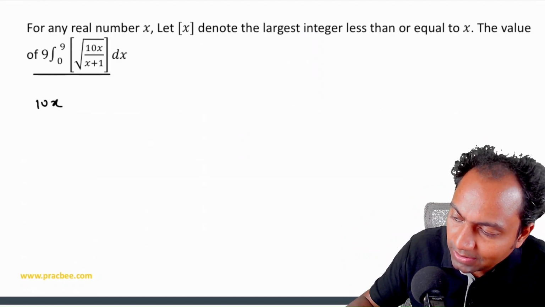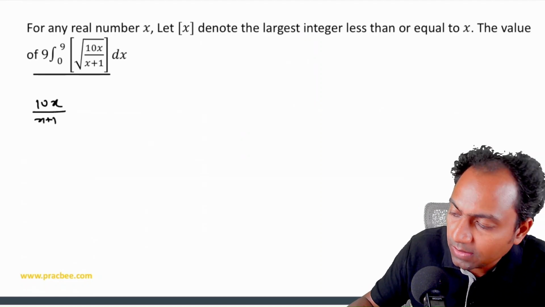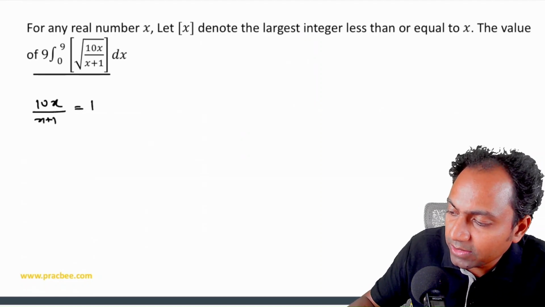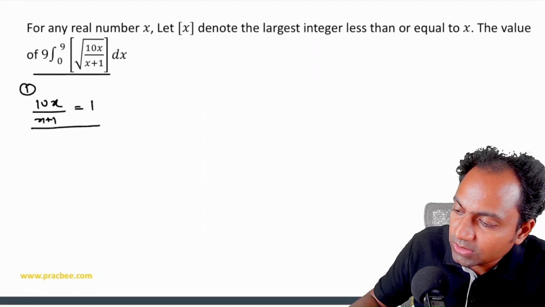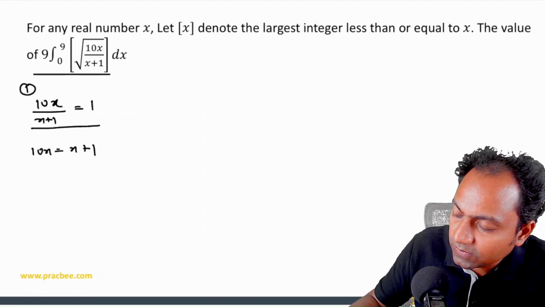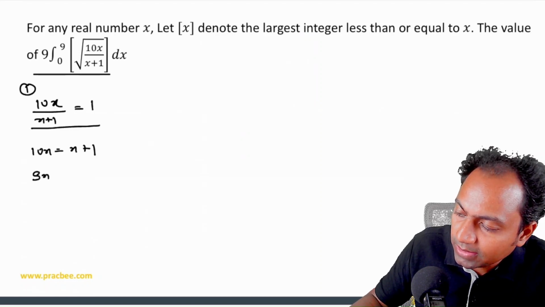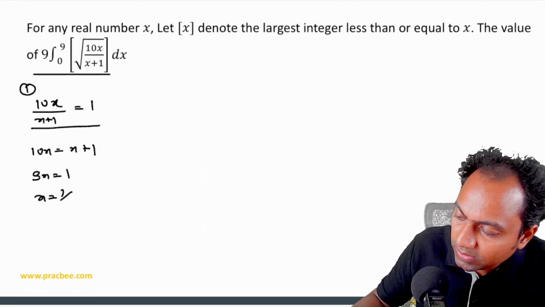So if I'm writing 10x by x plus 1, let us first understand when it is going to become 1. This is one important value. So if I do this, you can see that 10x will be equal to x plus 1, and 9x will be equal to 1. So this is going to happen when x becomes 1 by 9.